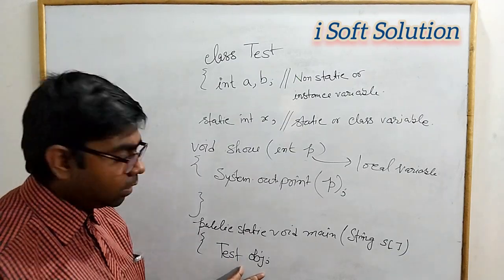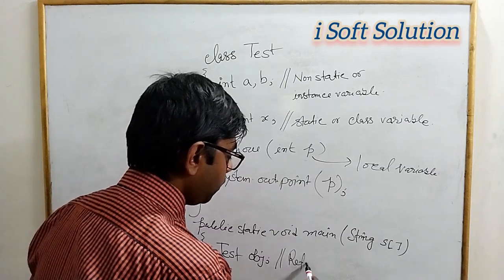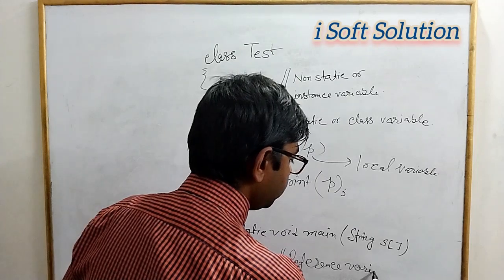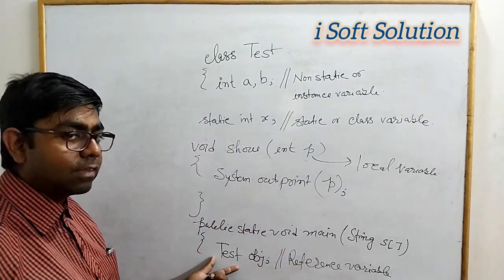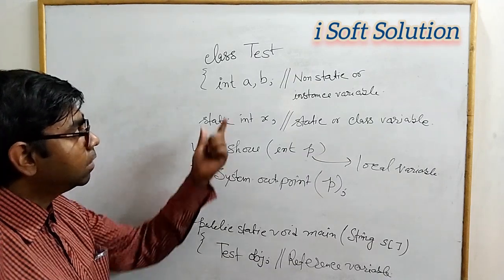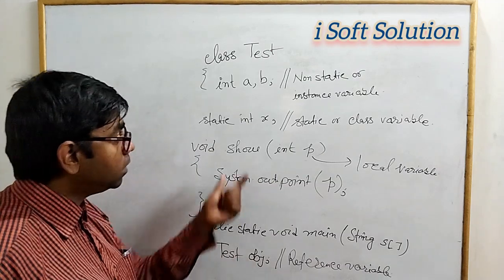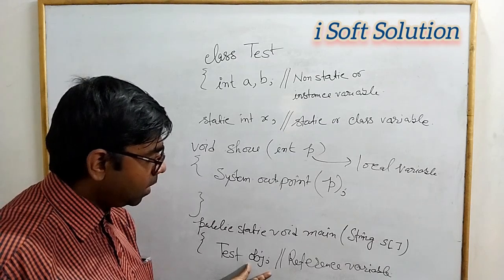Now what is obj? Now this obj is the reference variable of the class test. Since the class is known as reference data type, so if I declare a variable of this reference data type, then this variable is known as reference variable.